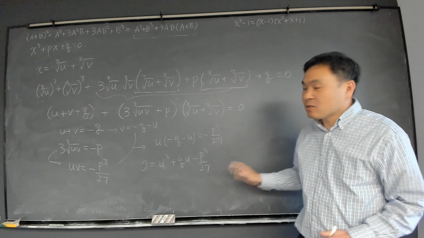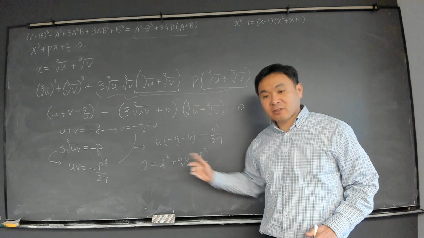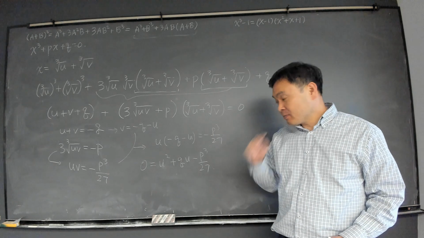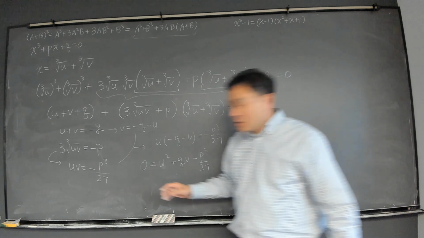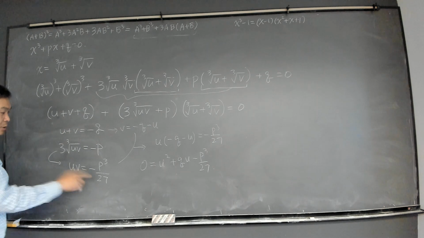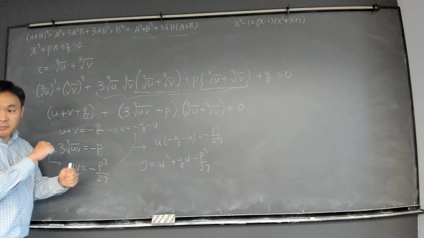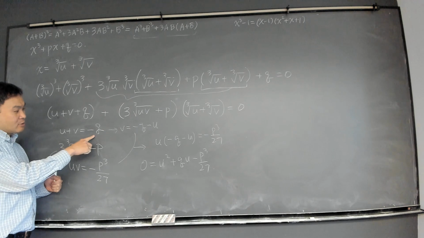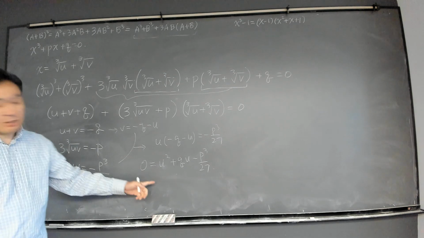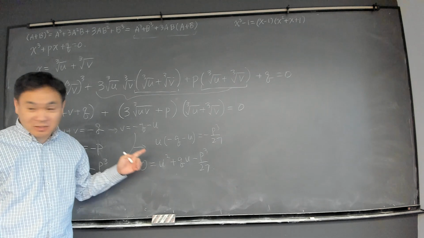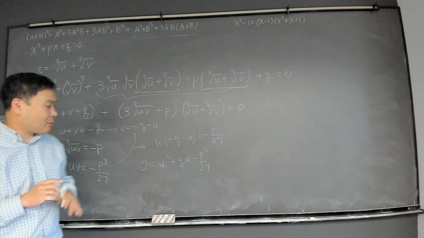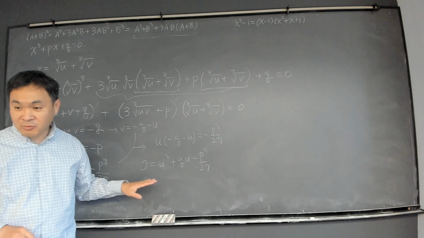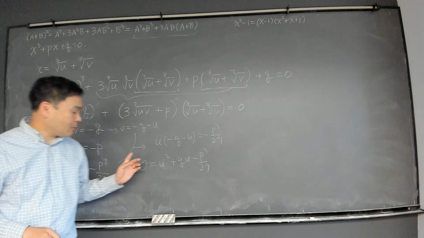Now there's still another way, which is to use Vieta's formula to get the same thing. Because the original equation doesn't change when you switch u and v, if I solve this for u instead and plugged it in here, I get an equation for v, and that equation will be exactly the same as this one. So although this is an equation for u, the equation for v is the same equation.